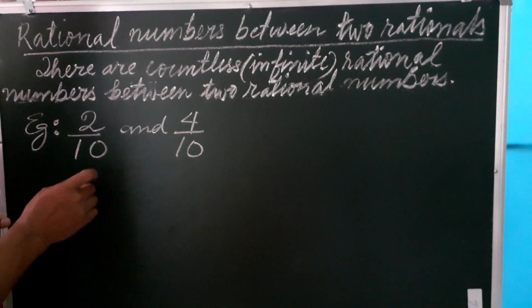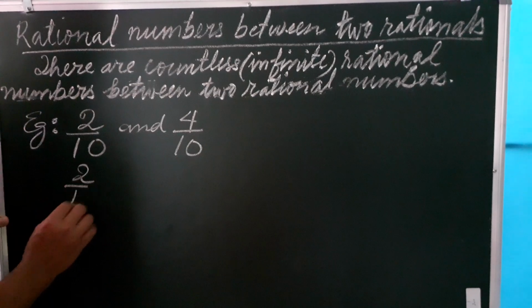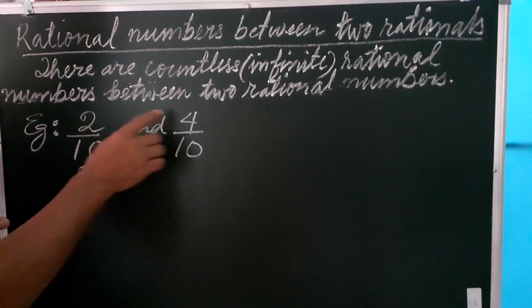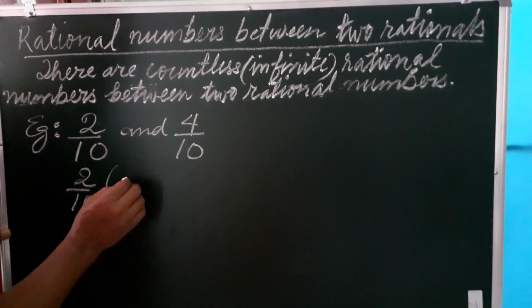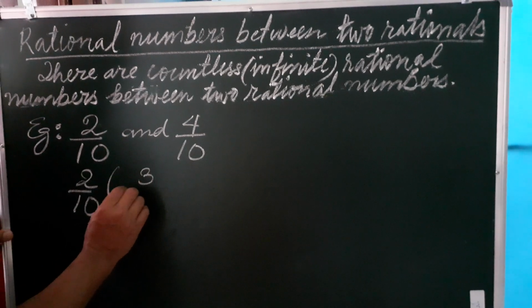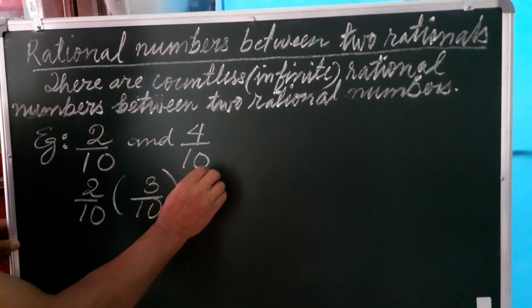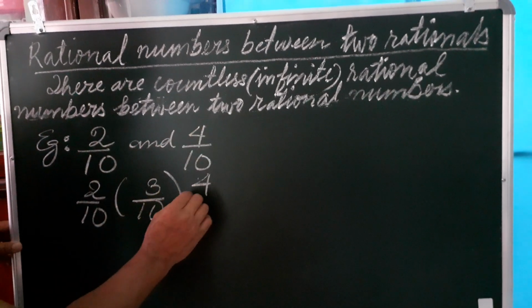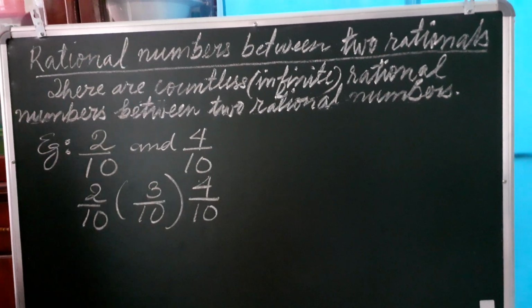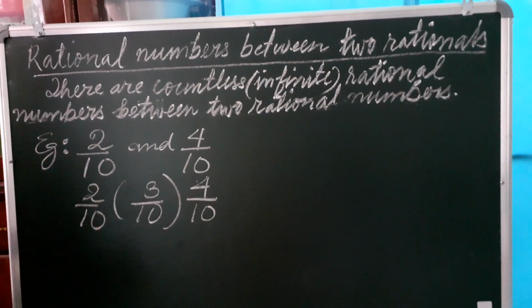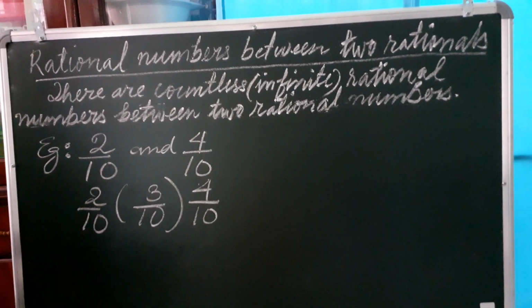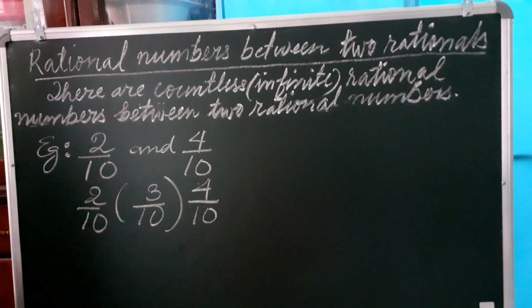Between 2 and 4, there is 3. It will be 3 by 10. Between 2 by 10 and 4 by 10, there is 3 by 10, one rational number.